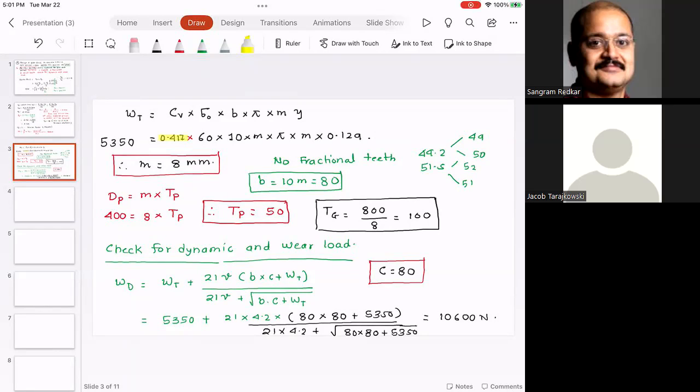Once we corrected that, 8 is the correct answer. So please note my mistake. CS is 1, but CV is 0.417. I'm glad you got it.